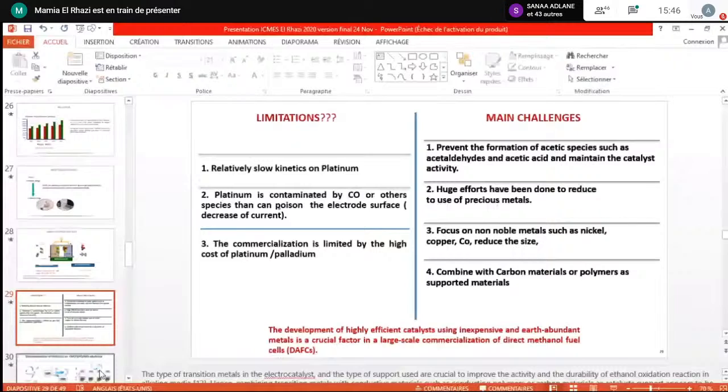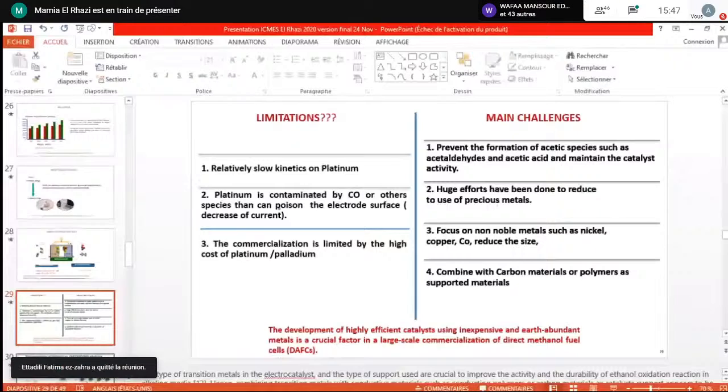So the main challenge in the case of the ethanol fuel cell is to prevent the formation of acidic species such as acetaldehyde and acetic acid, and to maintain the catalyst activity. For this, huge efforts have been made to reduce the use of precious metals, and we focus on non-noble metals such as nickel, copper, cobalt, and also to reduce the size.